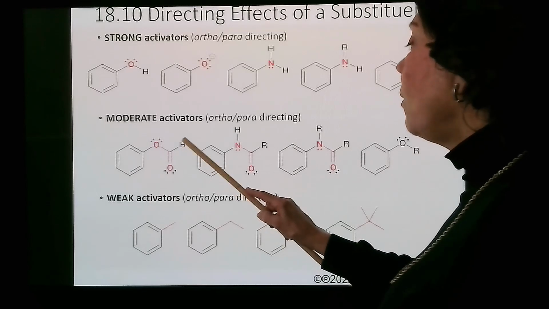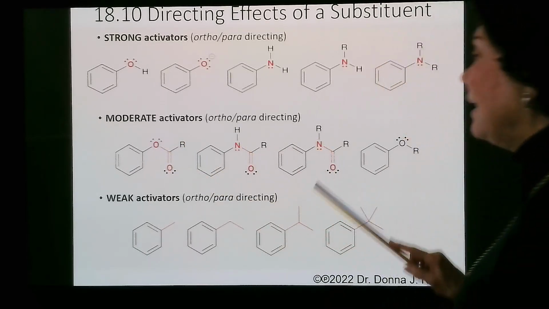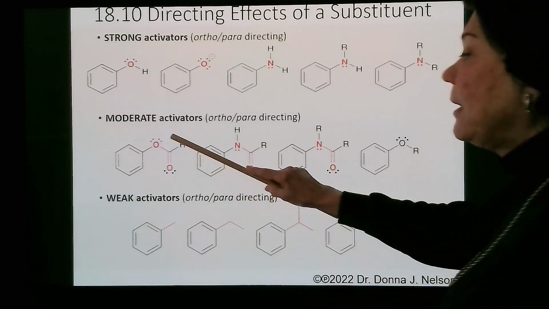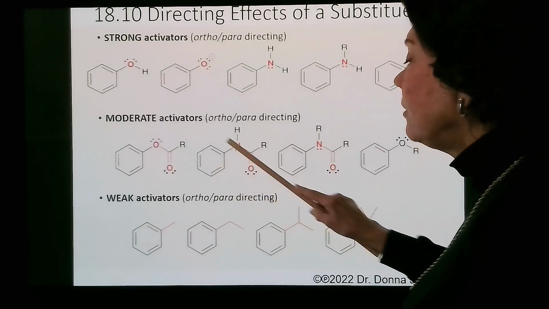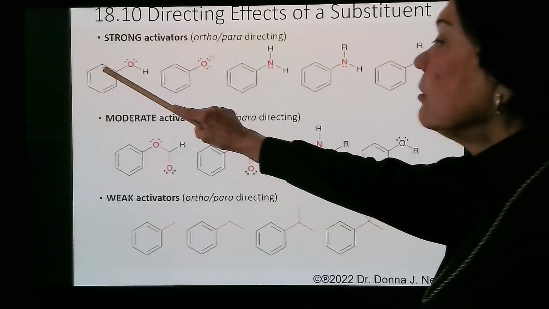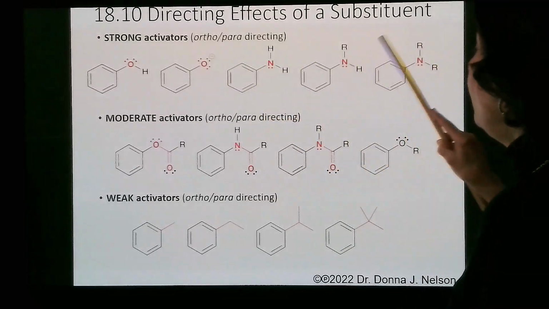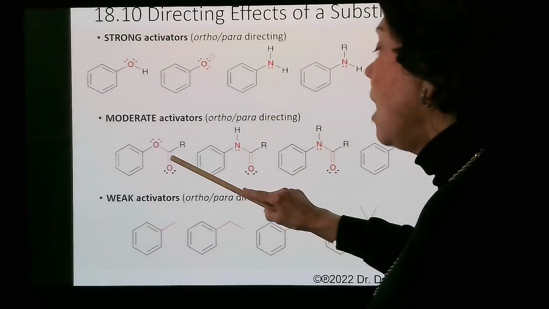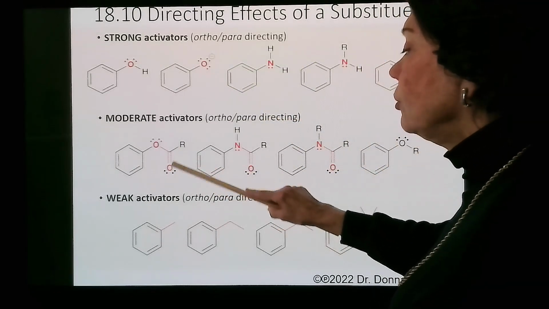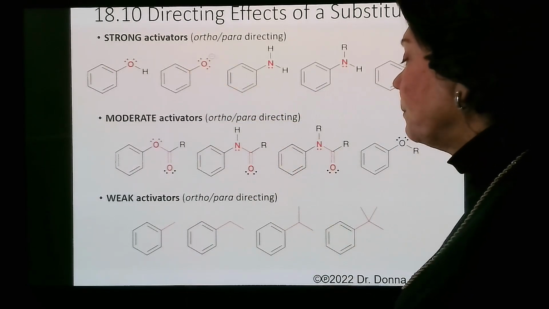And so that makes these functional groups less activating because the electrons are tied up with the carbonyl. They are in conjugation with the carbonyl. So up here, the strong activators have non-bonding pairs, which are not in conjugation with the carbonyl. So that is the difference between these two classes.